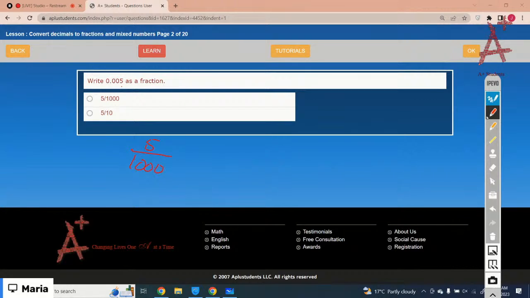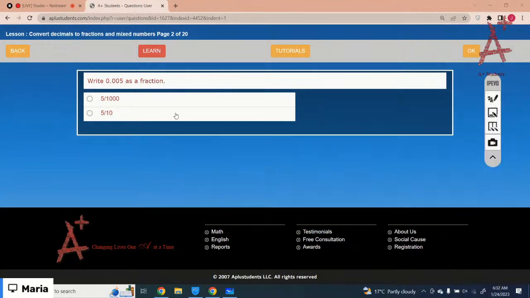That is 5 divided by 1000. Got it? Not 100, it would be 1000. So the correct option is 5 over 1000 because you have three decimal places right after the decimal. So you have to add three zeros in the denominator. Got it?